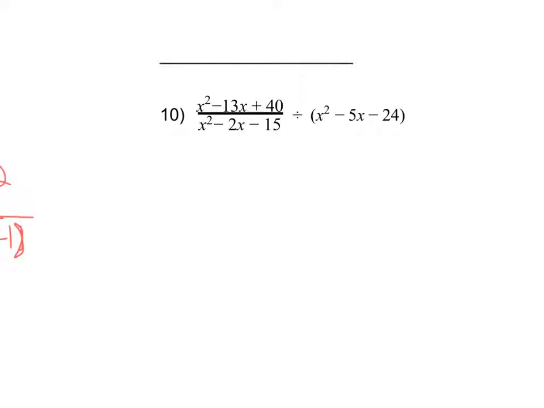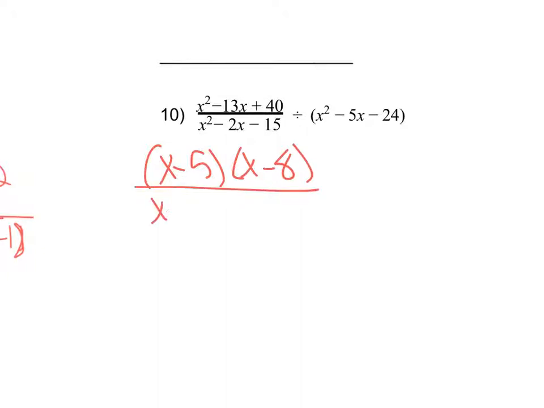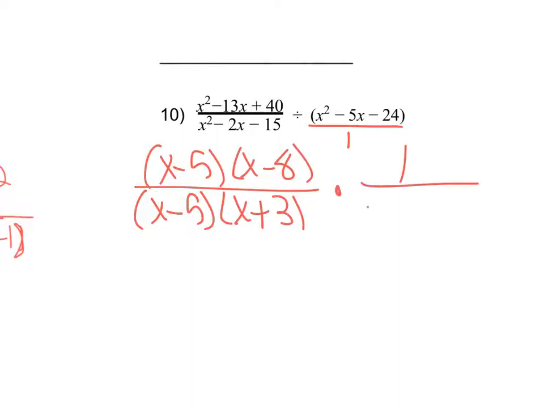Okay, so we're just going to factor, factor, factor. So I've got x squared minus 13x plus 40. That's going to be x minus 5 and x minus 8 over x minus 5, x plus 3, times, if this is over 1, when we multiply by the reciprocal, the 1 goes in the top, and the x minus 8, x plus 3, once we get that factored, goes in the bottom.